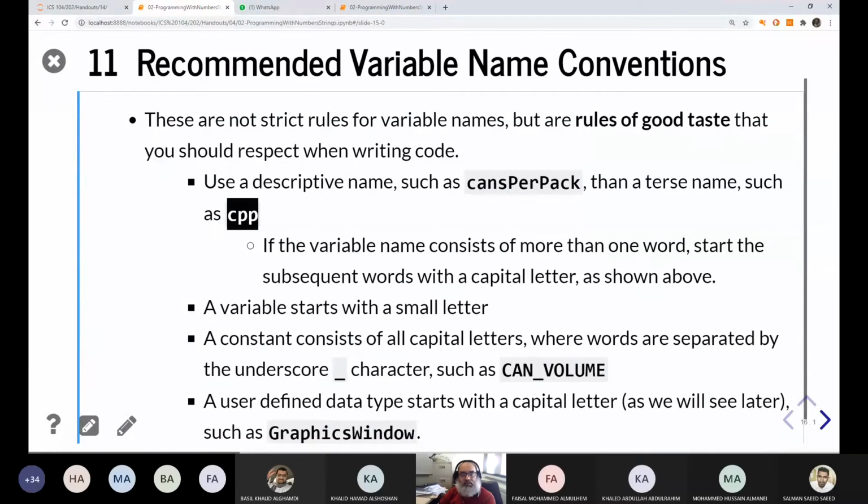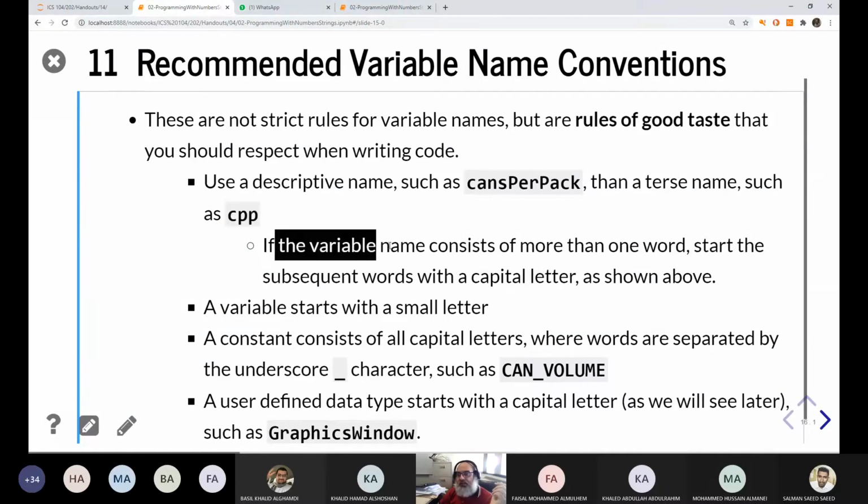But if you see CPP in the middle of a program, what does it mean? Maybe it could be C++. It doesn't tell you much if you use abbreviations like this.